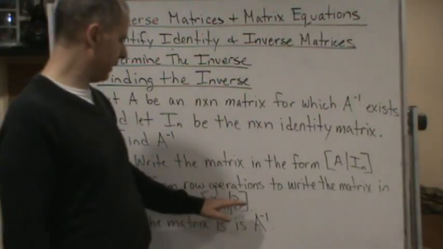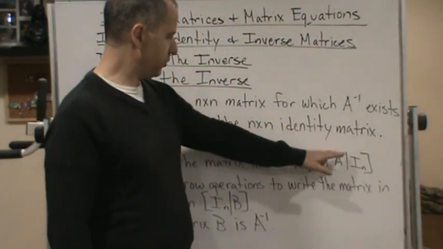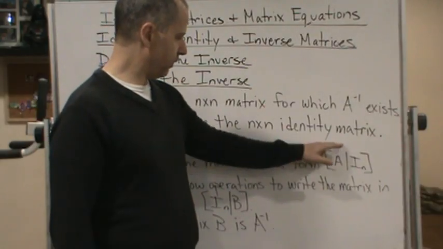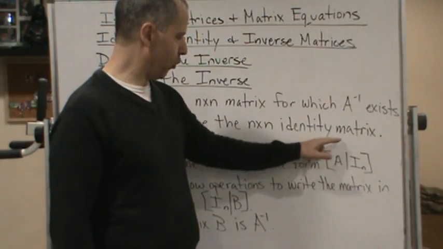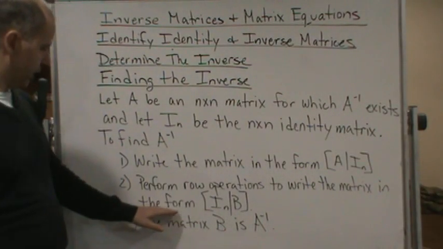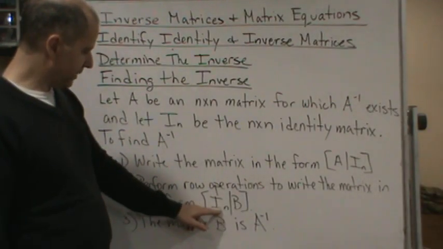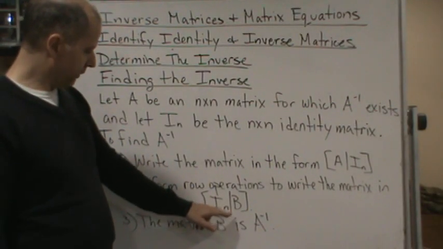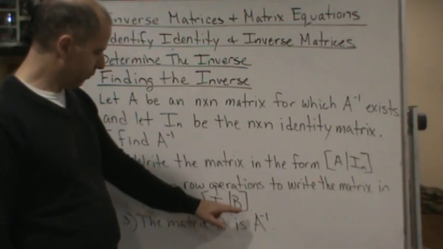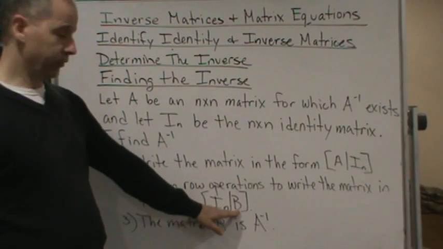You're performing the operations on the entire matrix, but you're using the row operations to transform the A to I. What your goal is to end up with is the form of I sub n on the left of the vertical line, and another matrix on the right side of the vertical line.